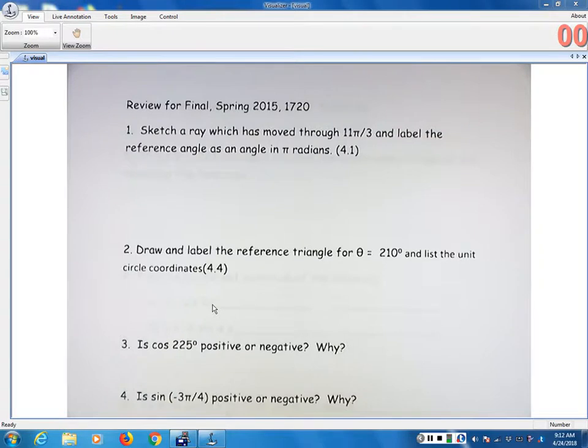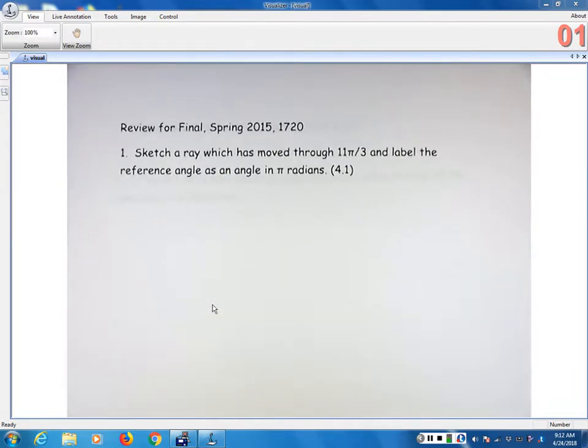Okay, so some of you that already retook test 1, this should be familiar. Sketch a ray, which is moved through 11 pi over 3. I don't know about you, but there's not enough space here, so I'm just going to write on another piece of paper.